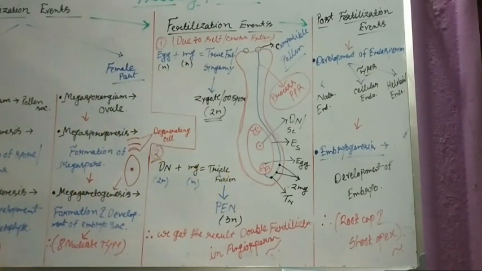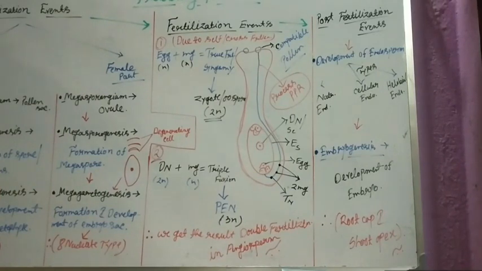This is called triple fusion, and we get the result PEN, primary endosperm nucleus. It is triploid because the 2N fused with another N. So we get double fertilization in angiosperms. This is the fertilization event.